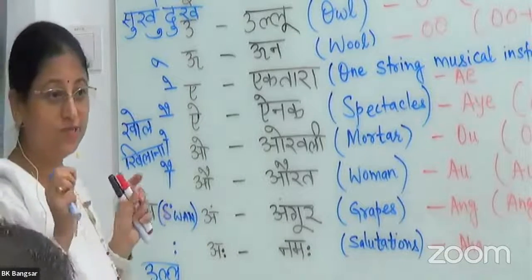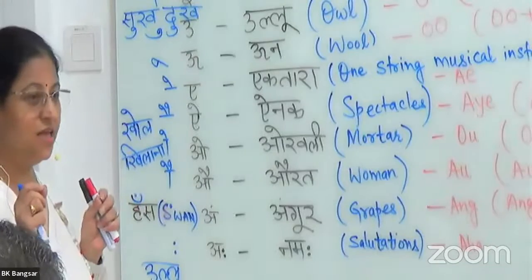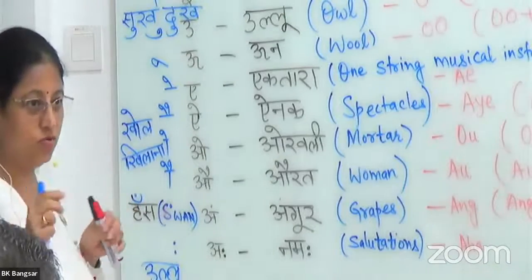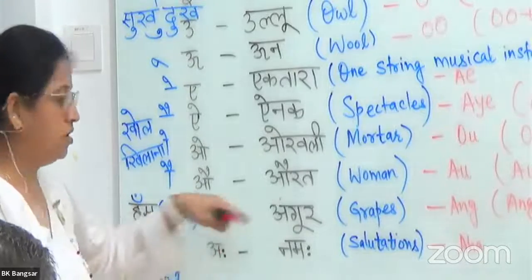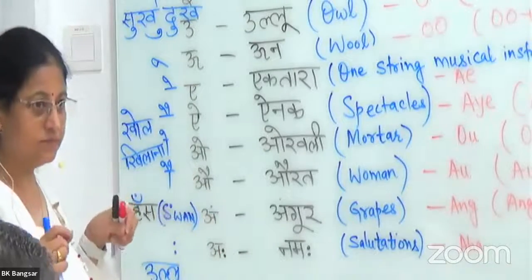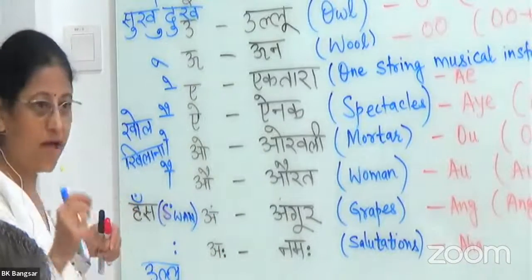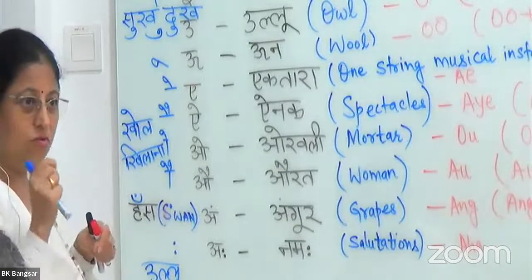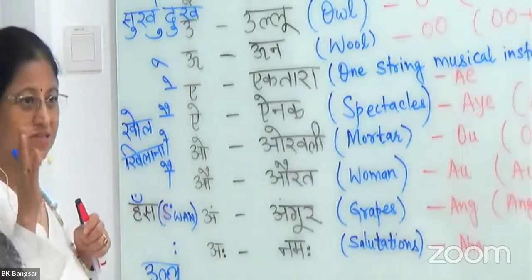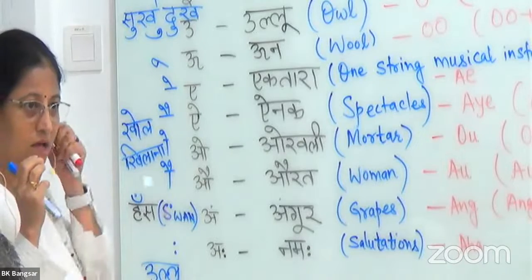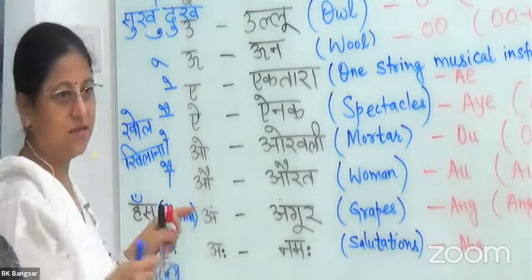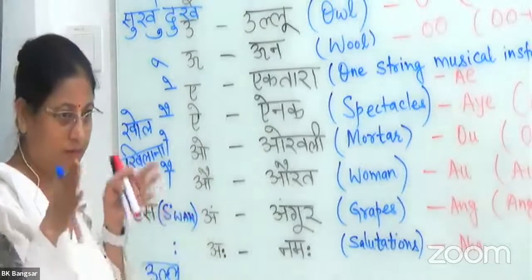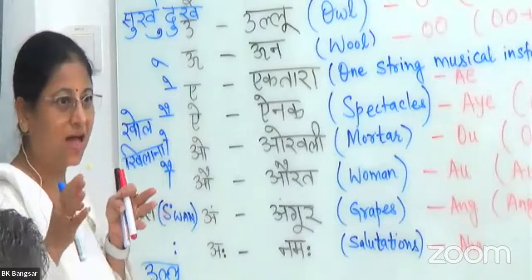There's no exact Chandra Bindu sound, but it is only when you say Angur, that is Ang. But when you have Chandra Bindu, the G is not there. When you're pronouncing this vowel on its own, then you say Ang.